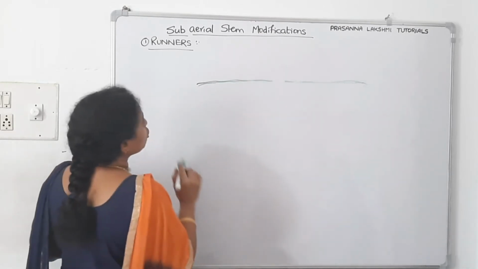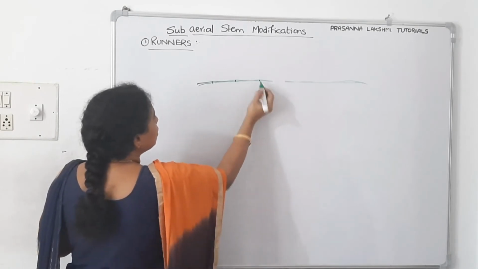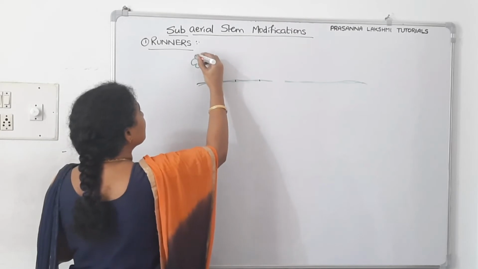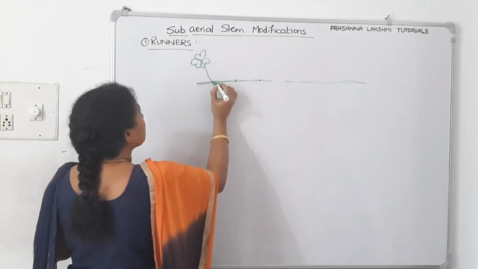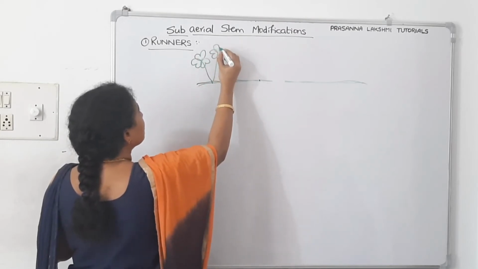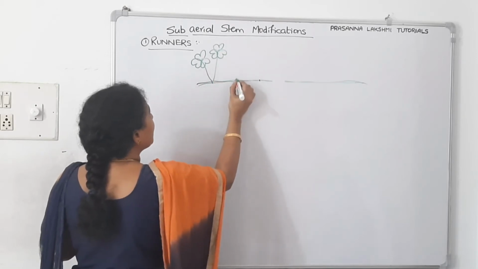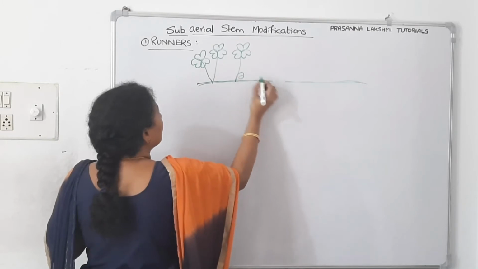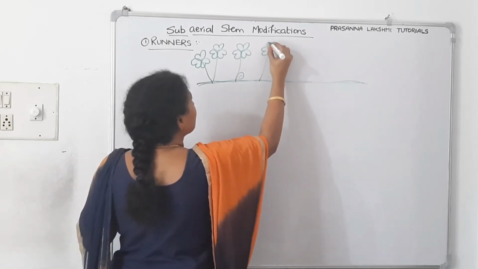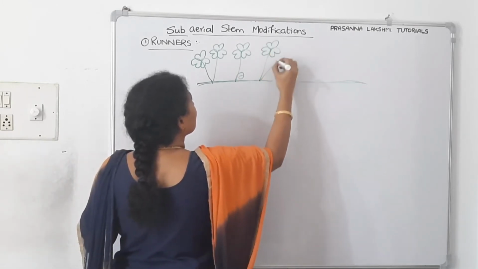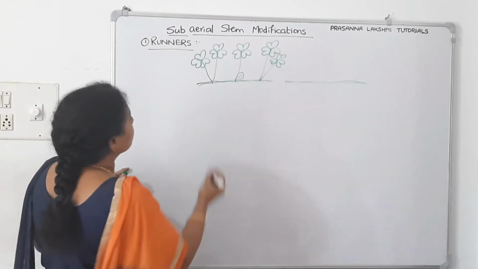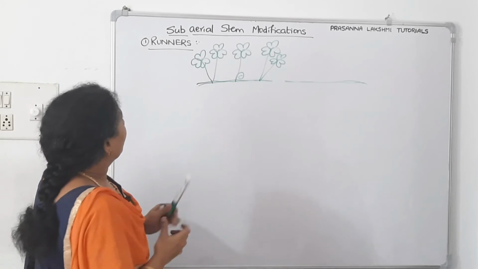Wherever it touches the soil, so here is a node. From there, aerially it will have its leaves. I am drawing oxalis, a beautiful weed we find on the roadside which has fan-shaped leaves. Aerially it has leaves, and the place where it touches the ground it has roots.